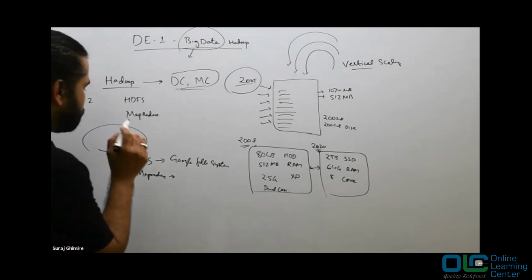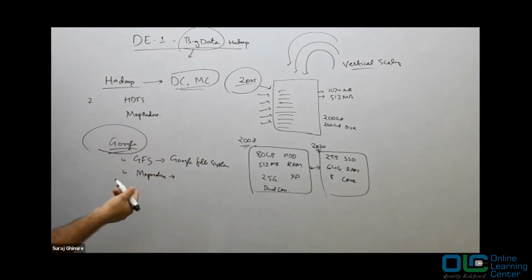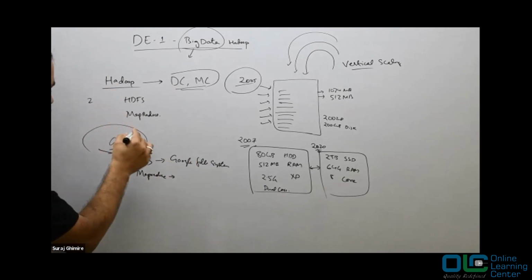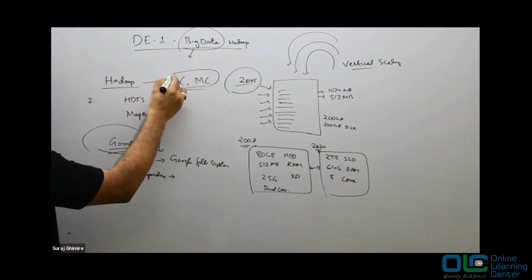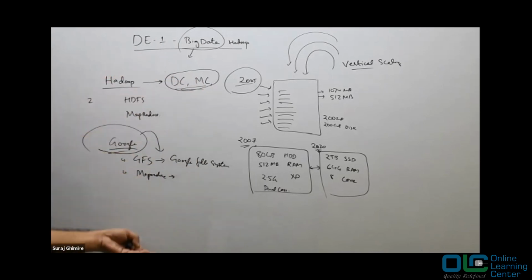Okay, so Google GFS stands for Google File System, and MapReduce is just MapReduce, right? Now, when they published this paper, these guys were so excited because this is what they were looking for.